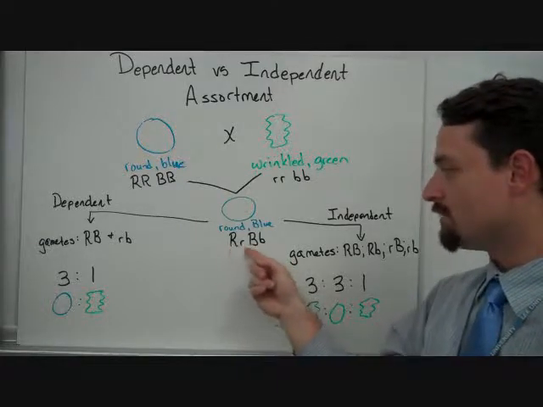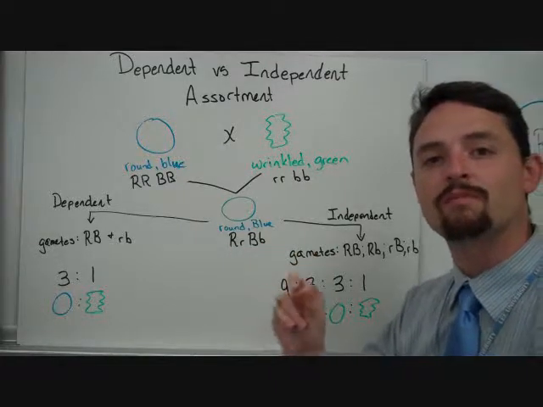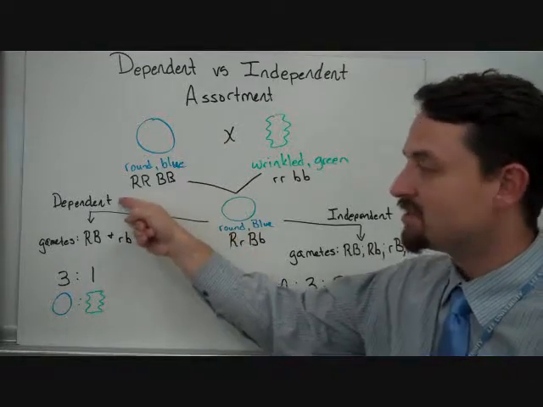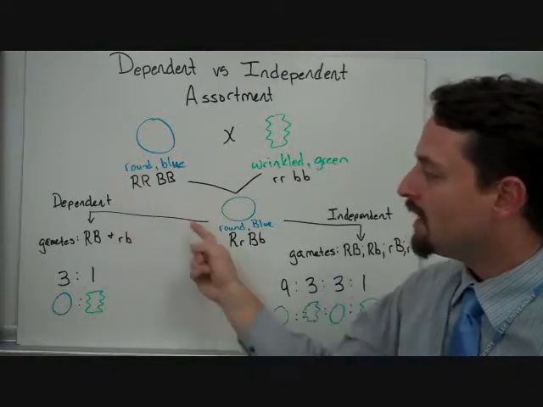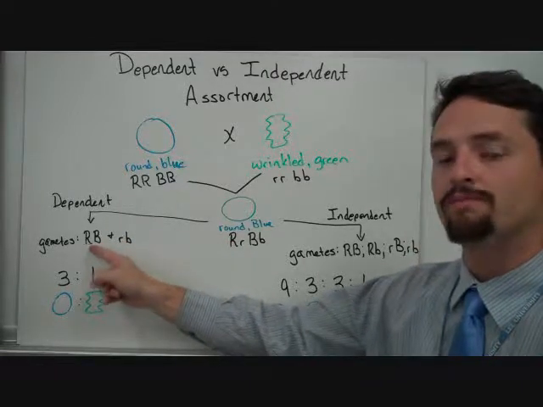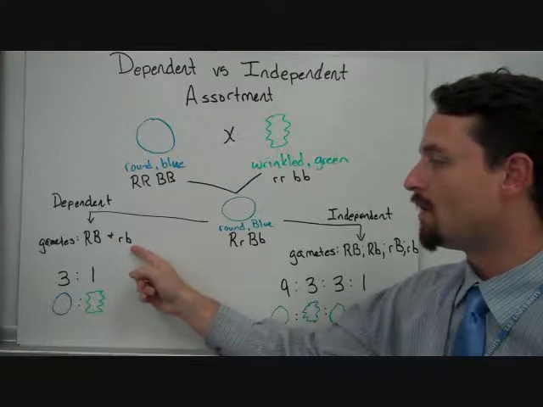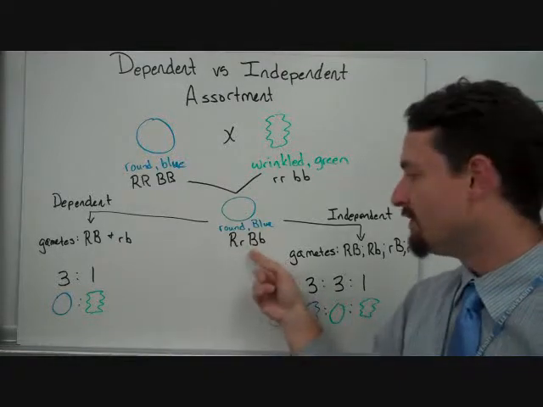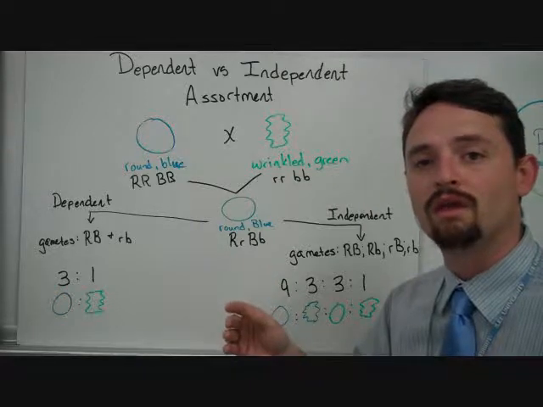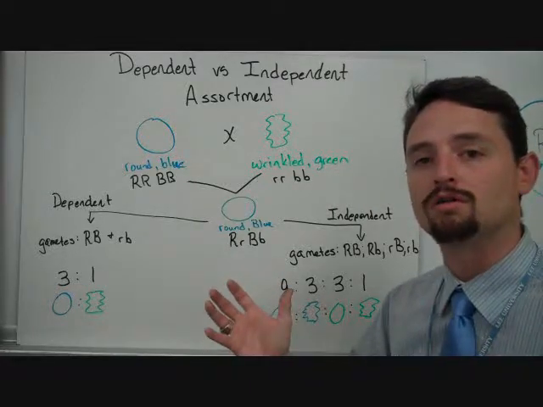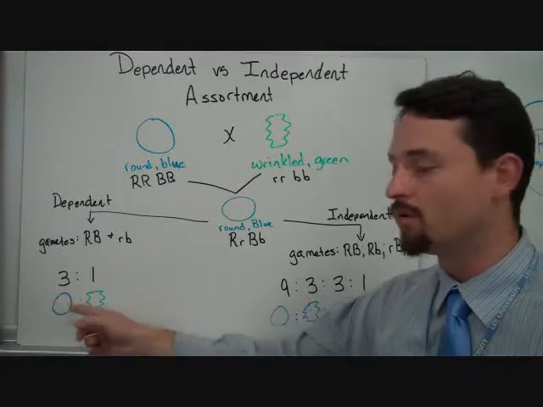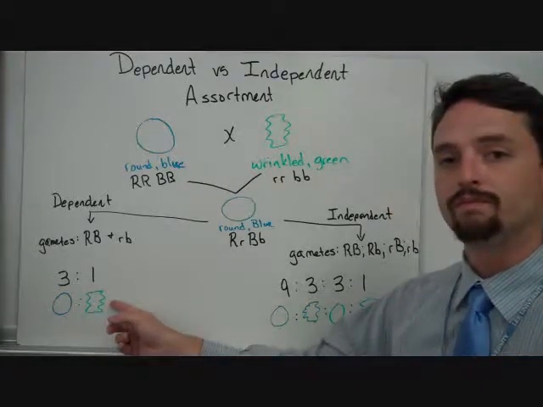If those traits are on the same homologous chromosomes, meaning they're connected, then that means they're dependent on each other. And the only gamete possibilities would be big R big B and little r little b. So whenever these would self-pollinate, you would end up with a simple monohybrid cross. And that would give you a 3-to-1 ratio of 3 blue round ones to 1 green wrinkled one.